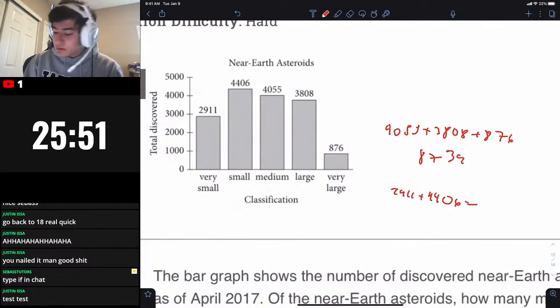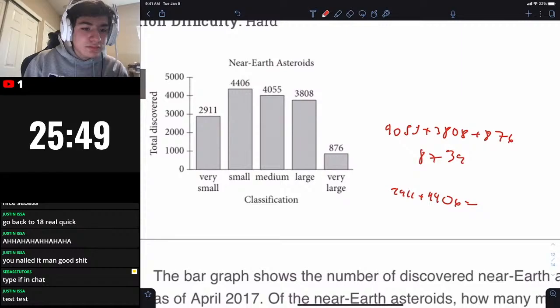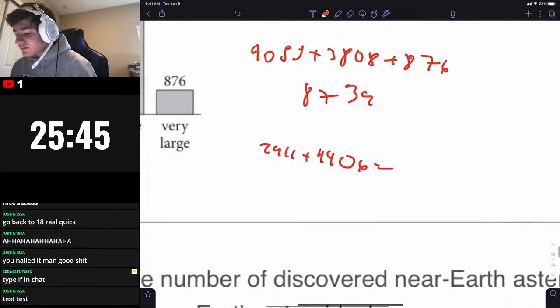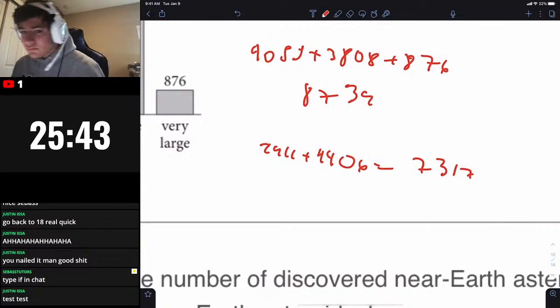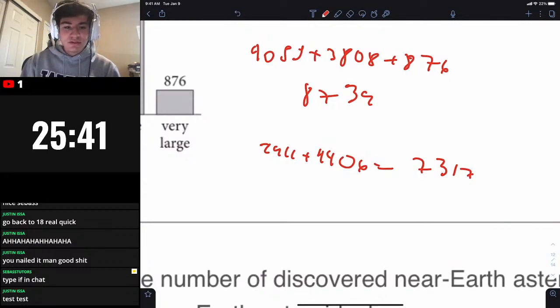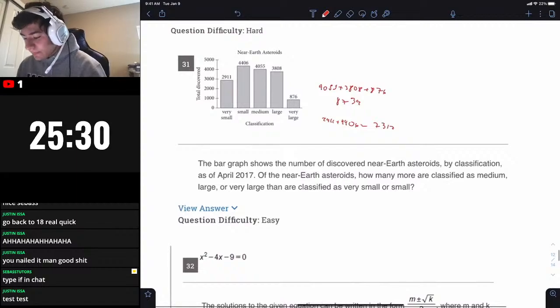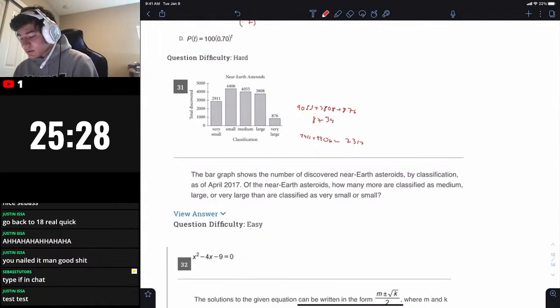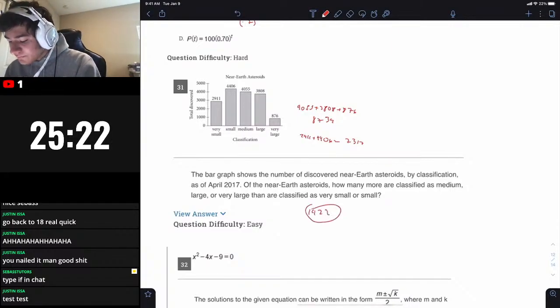And that is going to be 7317. So I am going to take this number here and subtract it from the answer that we just got, and we'll get 1422. Oh my gosh. How many more? Okay, we're in the free response. I didn't even realize that. Okay, 1422. That's my answer.